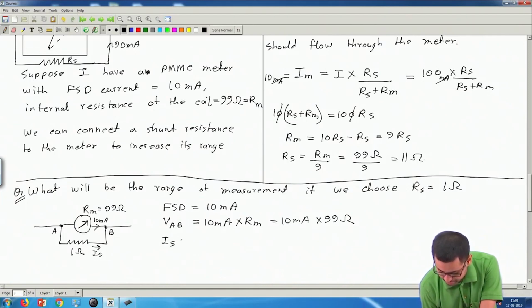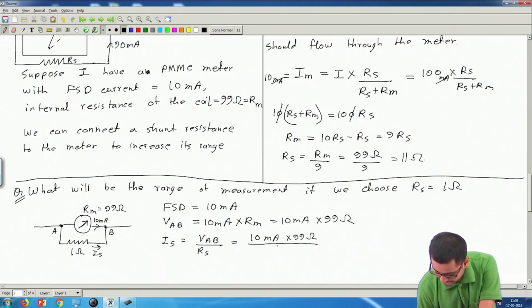Then Is will be VAB divided by Rs, which is 1 ohm. So 10 milliampere multiplied by 99 ohm, divided by Rs, which is 1 ohm. Ohm cancels. So Is becomes 99 into 10, 990 milliampere. So this is the shunt current.